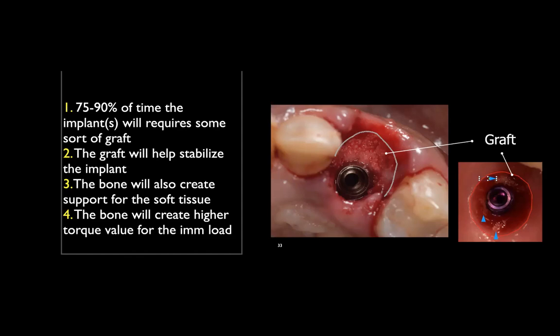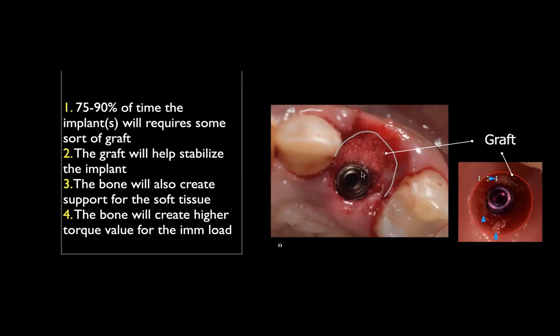So the purpose of the graft is to stabilize your implant, okay? That's what it's trying to do, because if you leave this area, as long as the tissue is covering the entire portion, can you see my marker right now? I'm moving. Okay. Yes.